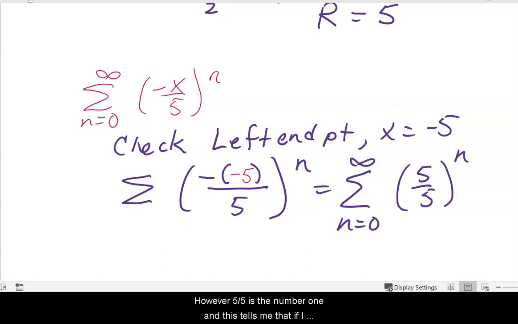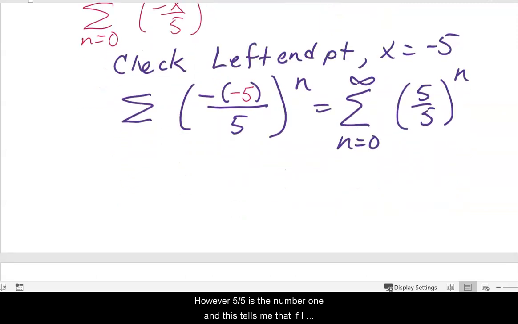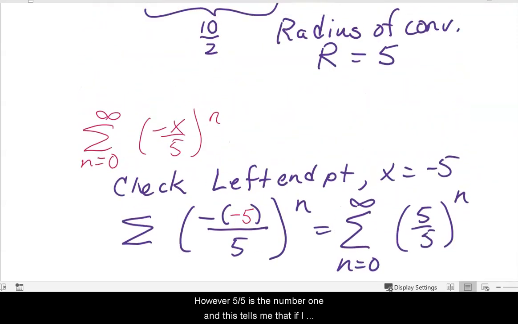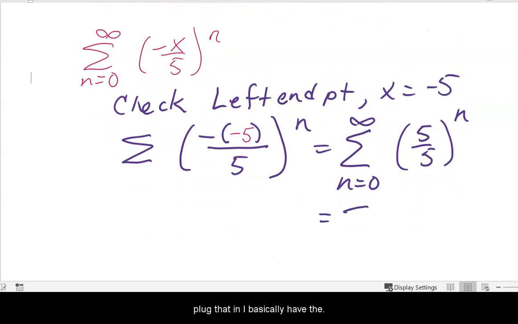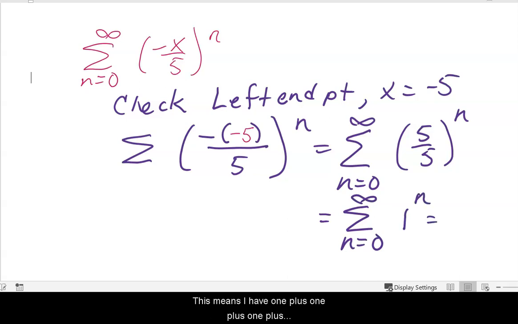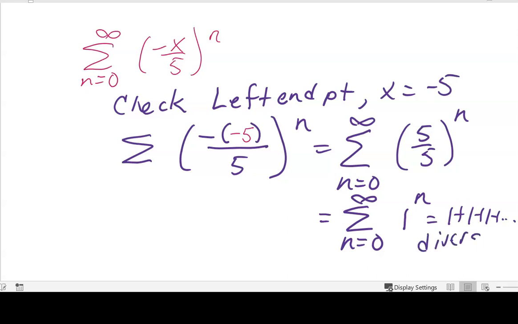However, 5 divided by 5 is the number 1, and if I plug that in, I basically have the infinite series from 0 to infinity of 1 to the n. This means I have 1 plus 1 plus 1 plus dot dot dot forever and ever and ever. This is clearly going to diverge.